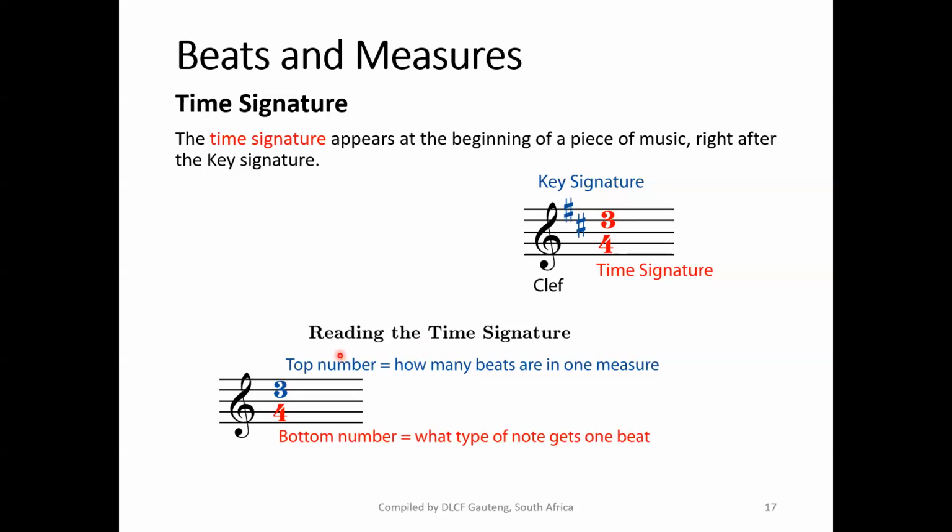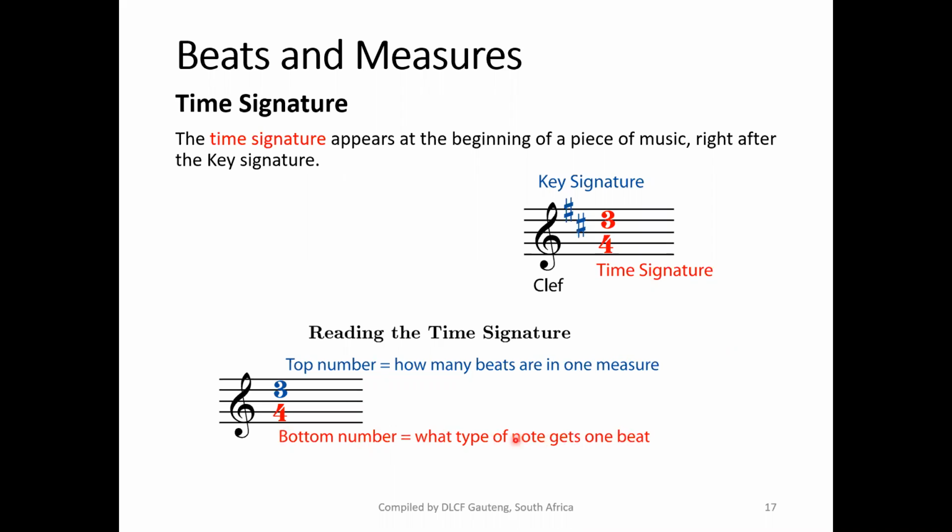Okay, now to read the time signature, we just now said the top number tells us how many beats are in one measure or in a bar. Okay, I believe we now know what a measure or a bar is. They're both the same. A bar is bounded by two bar lines. Okay, and then the bottom number tells us what type of note gets one beat.